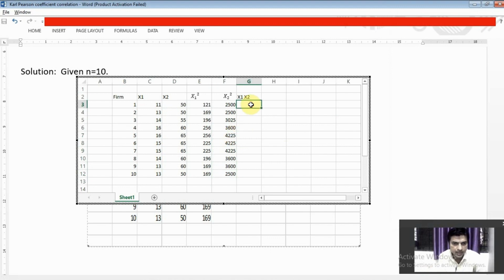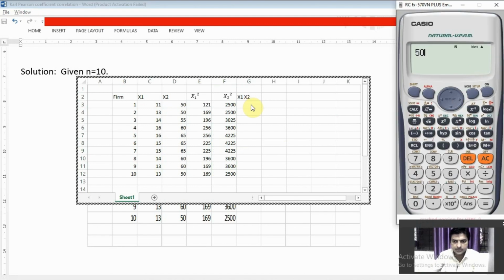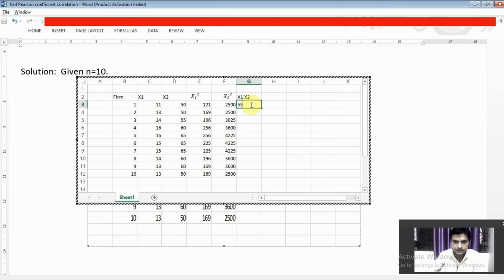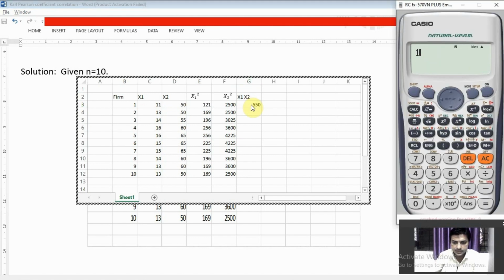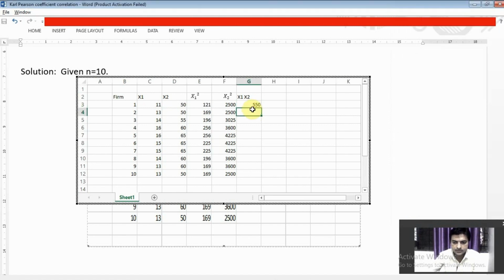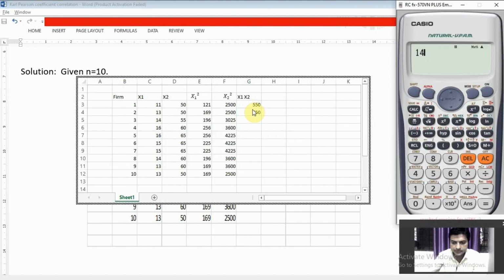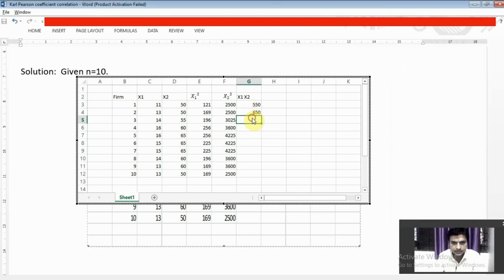Now you are going to do x1 into x2. Quickly you have to do all this very fast. Okay, let us take 50 into 11. It is 550. Next we have 13 into 50, 650. Next 14 into 55, 770.